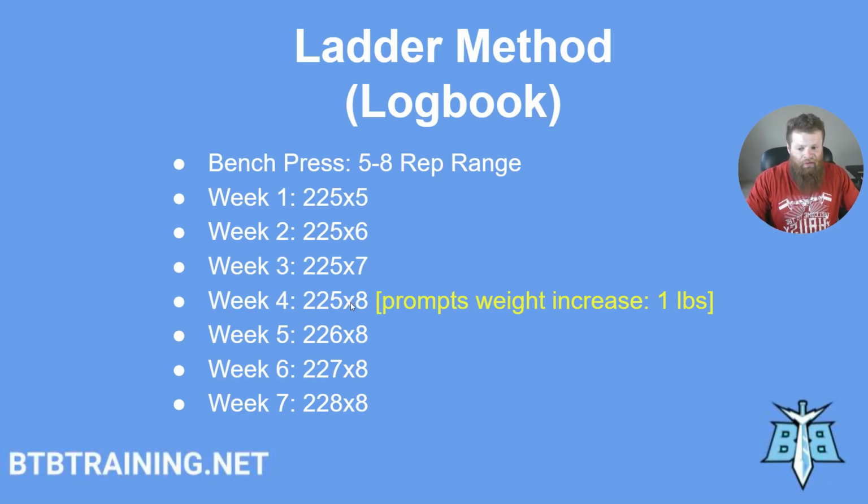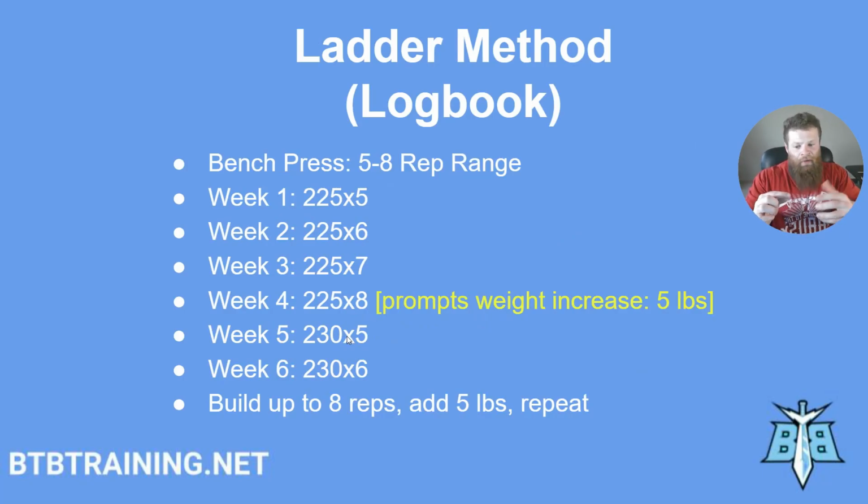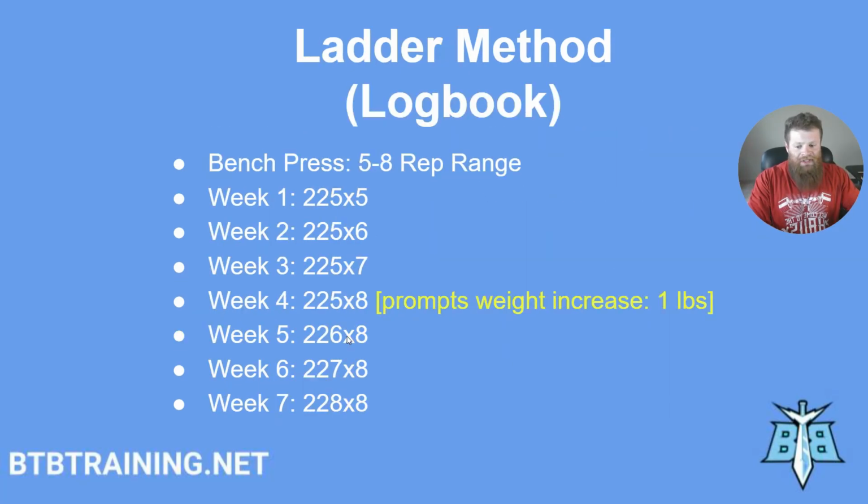So instead of going from 225 for 8 to 230 for 5 and then having to spend however many weeks building that back up into 8 repetitions, I can just go from 225 for 8 to 226 for 8 to 227 for 8, 228, 229, 230, 231, 232. You kind of see where I'm going with that.